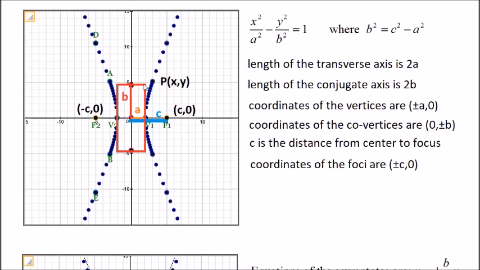And now let's draw this rectangle. We call it the principal rectangle. The distance from vertex 1 to vertex 2 is 2a. We call this the transverse axis. The distance from here to here is b, and so from here to here will be 2b. And we call this the conjugate axis.